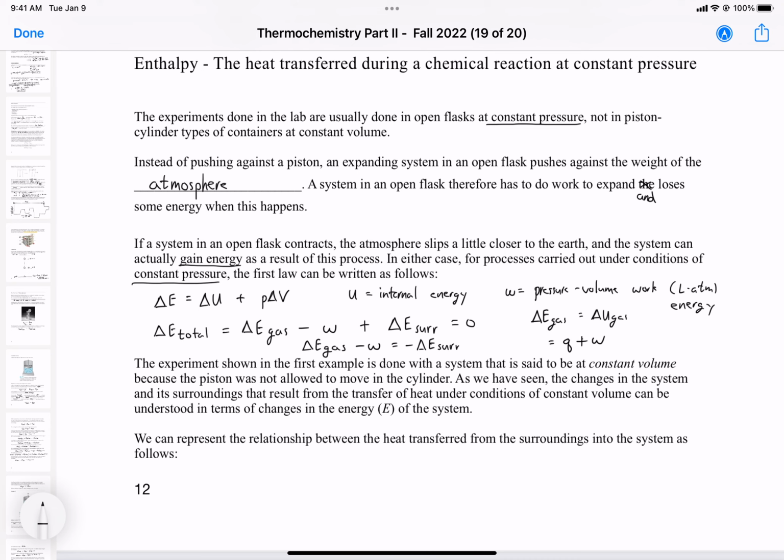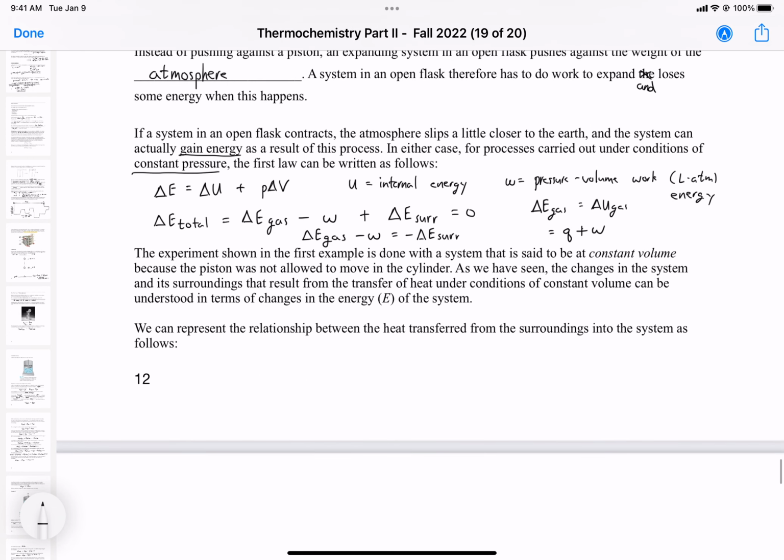So we could actually describe these things in terms of the energy of the system. So if we're considering the first situation, we have a constant volume relationship. So we could say the change in energy of the system equals, in this case, the amount of heat plus work.